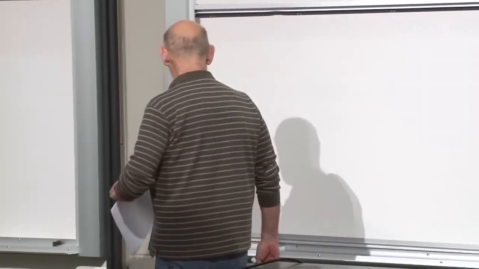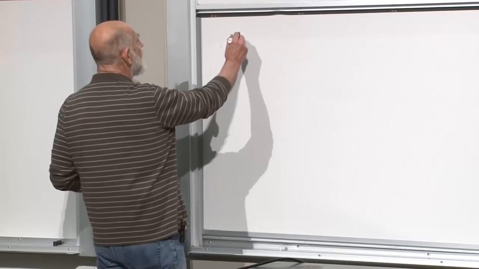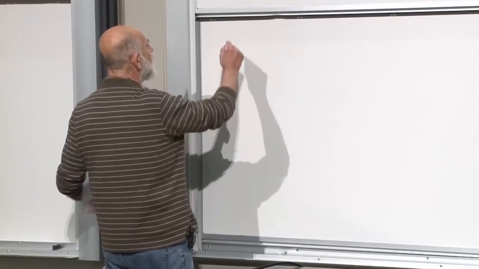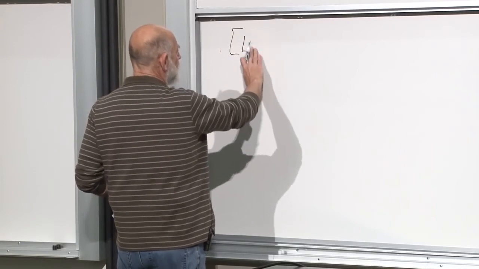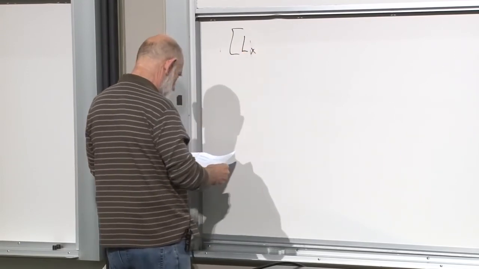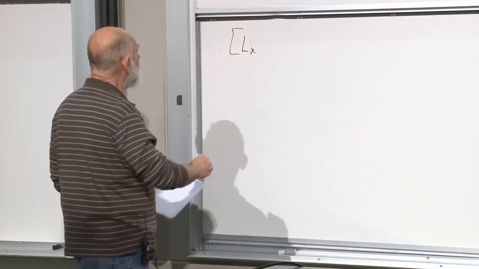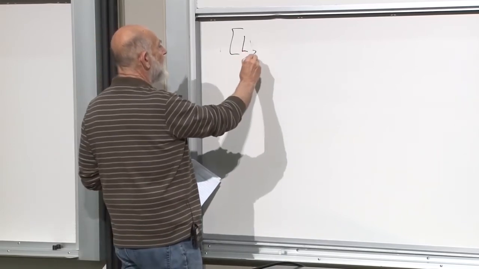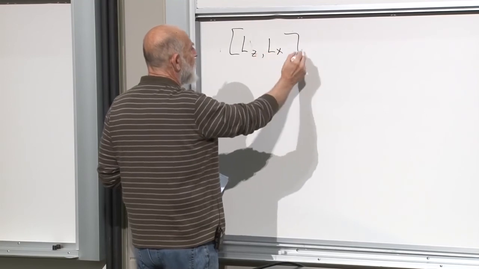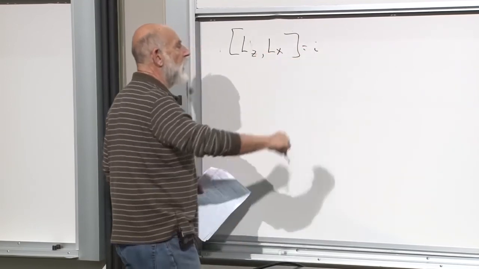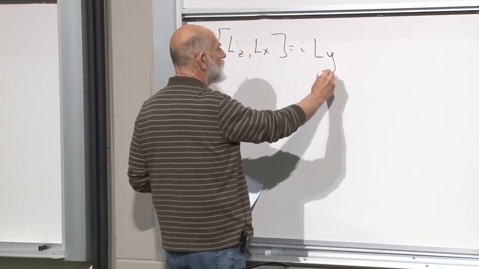So let me write down again what the basic commutation relations of angular momentum are. Let's take Lz with Lx. Lz with Lx is just equal to i times Ly.